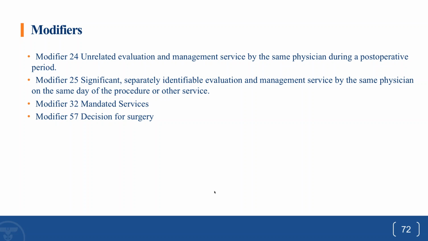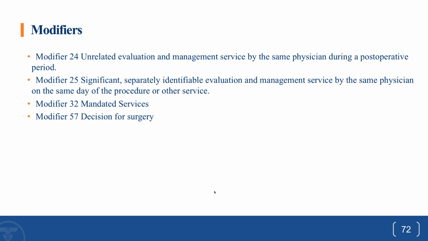Well, modifier 24 is like, yeah, I know I had surgery, but I'm coming into the office today because I got a sore throat, right? So modifier 24 is saying, I know it's the global period, but I'm coming to see my doctor for something else, not what was in reference to the surgery. That's what modifier 24 means. Unrelated evaluation and management service by the same physician during a postoperative period.